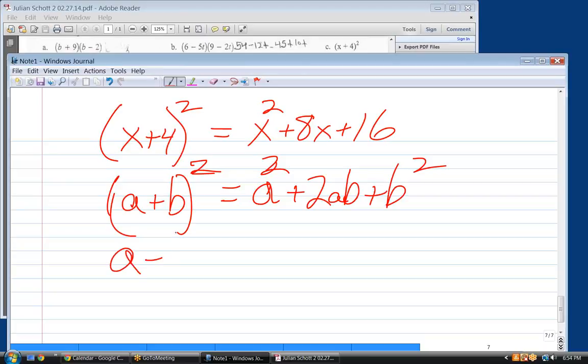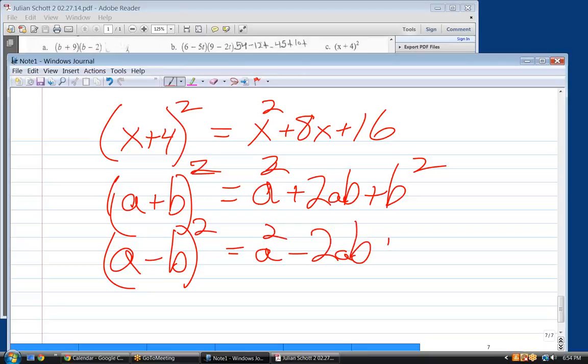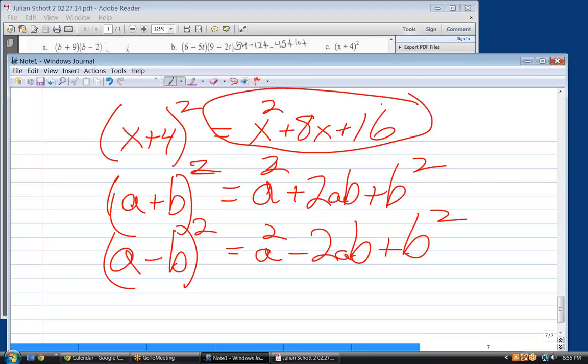Likewise, a minus b quantity squared is always a squared minus 2ab plus b squared. Notice how similar they are. The only difference is the middle term. It's negative here, and it's positive there. The only reason I would like you to memorize this is because maybe you have already, and maybe that's how you got that so quick. Notice that with our x plus 4, a is x, b is 4.